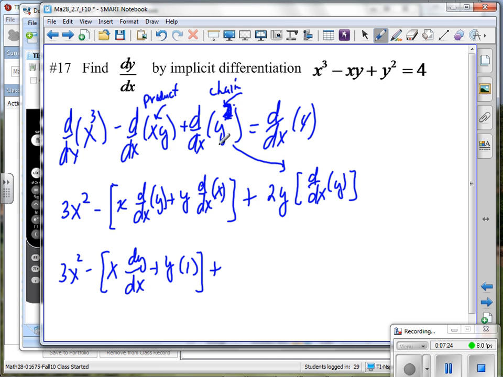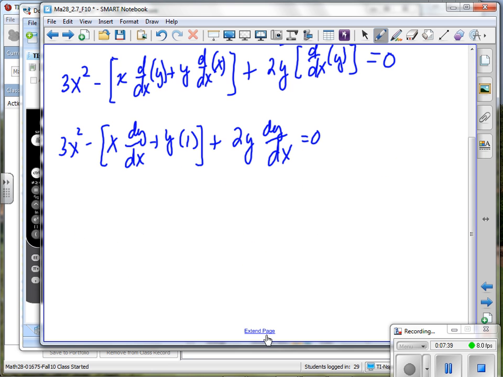So the outside is squaring, so we have 2 times y. And then we take the derivative of the inside function. So we'd have 2y dy dx is equal to 0. We have to see the composite function. We've got to think it just like we were in section 2.5.